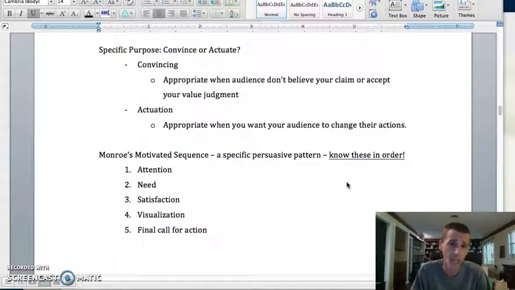While an actuation purpose deals with actually wanting your audience to change their actions or do something. Okay. So if my purpose was to get everybody to always recycle water bottles every time from here on out, that would be an actuation purpose. I'm wanting my audience to actually change their behaviors.